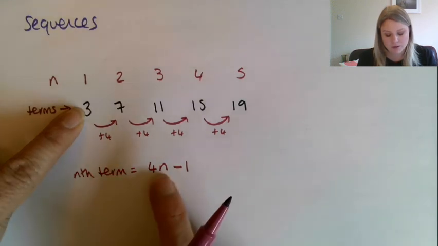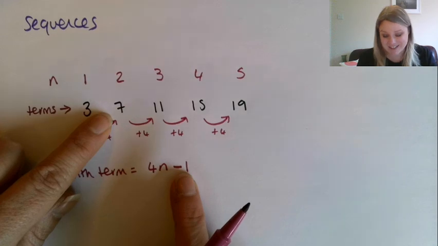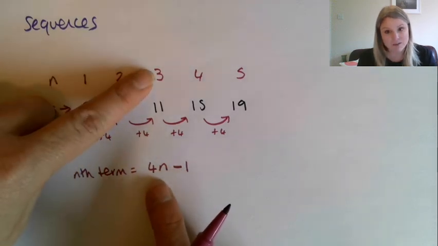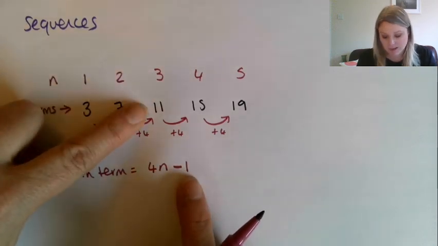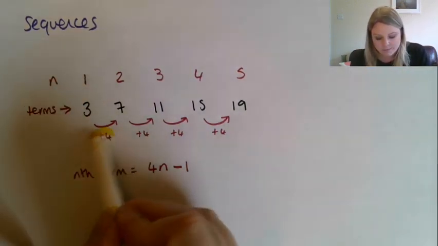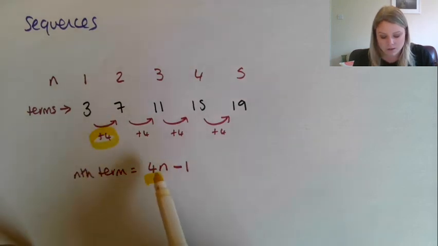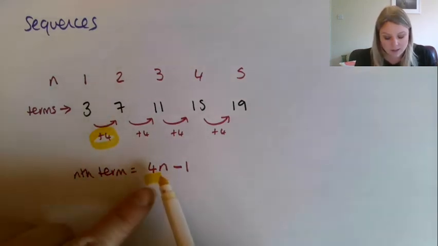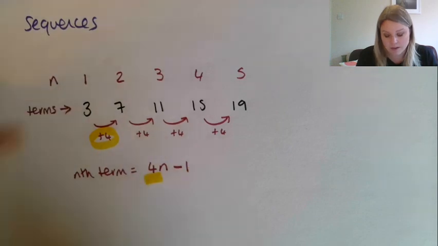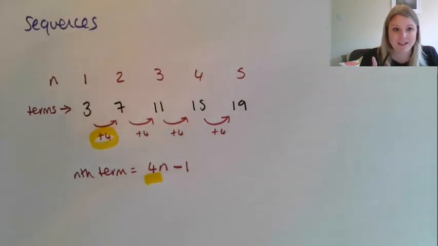When n is 2, 4 times 2 is 8, take away 1, gives us 7. Happy days, it works. n is 3, 4 times 3 is 12, take away 1, 11. So it works. So this number is the number that goes in front of the n, and then you figure out how to get from that to this number, and you'll get there.